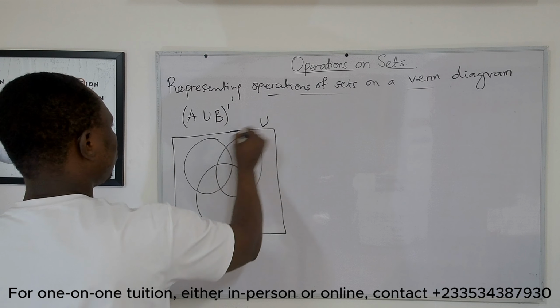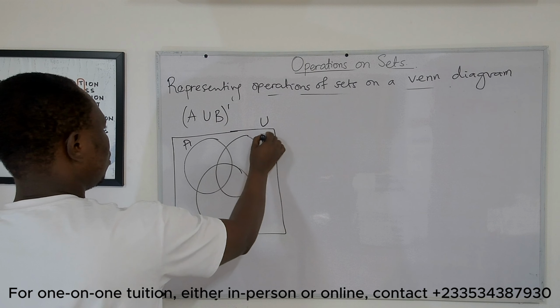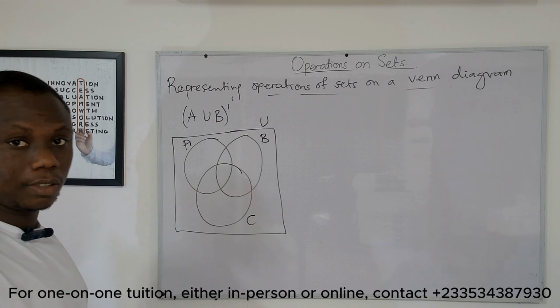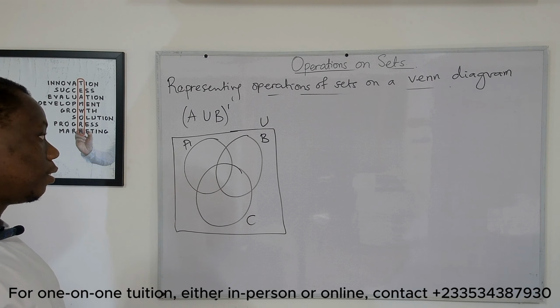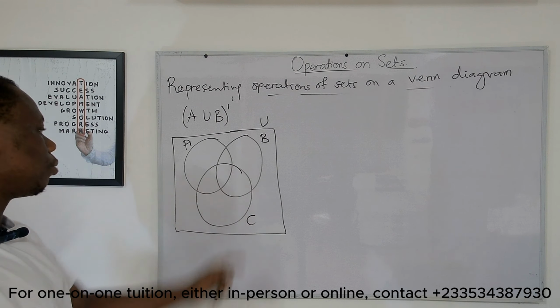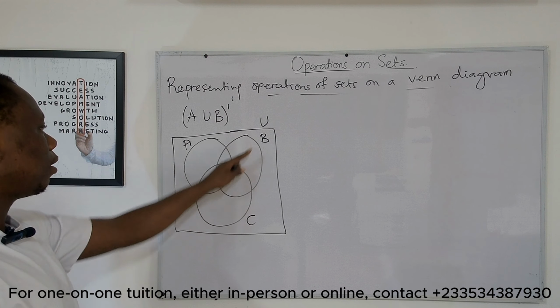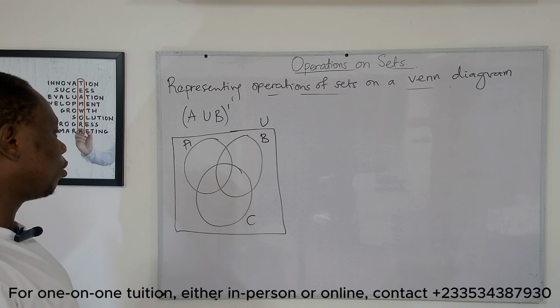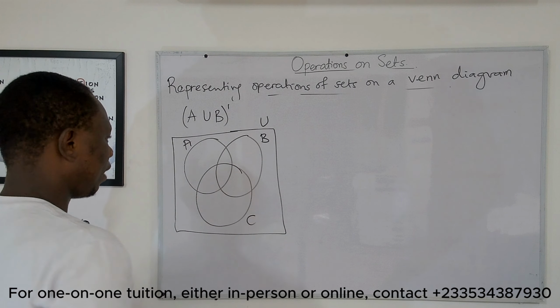So this is U, as usual, A, B, C. This is (A union B) complement, though we don't really consider the C in this matter. A union B is where all that is in A and all that is in B. So A union B is just this side.